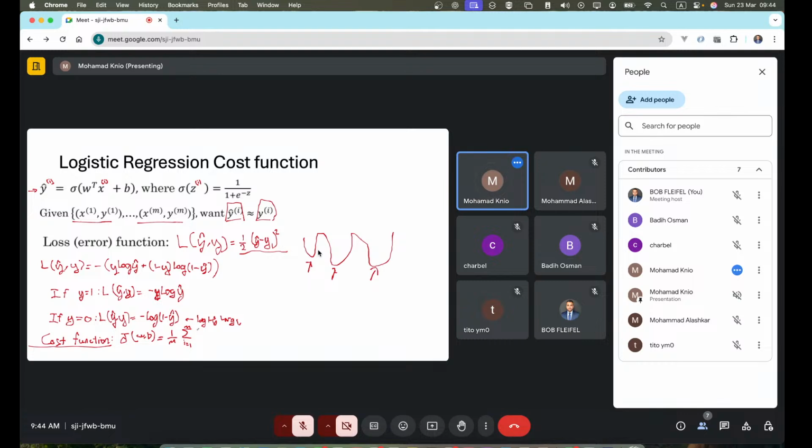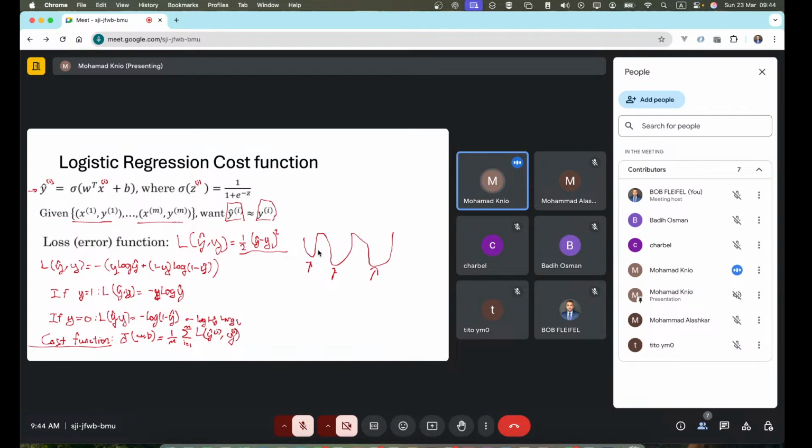And I take the loss function of y hat i and y i, and we'd apply it and go through every single iteration.